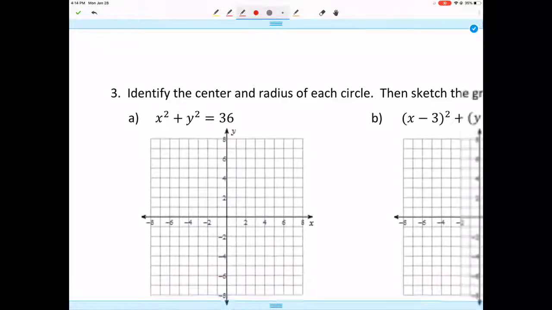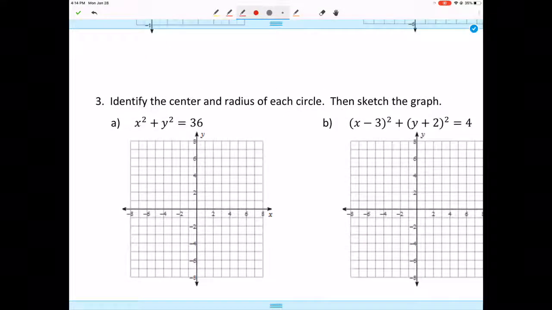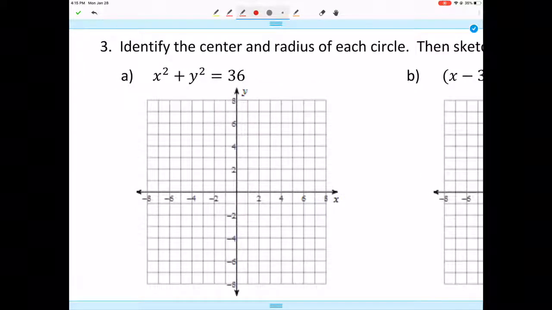All right, next our problem says identify the center and radius, the same thing we've done before, for each circle, and then sketch the graph. Here we look for our center. Since we don't have a parenthesis with something in it, that means that our h and our k are going to be 0.